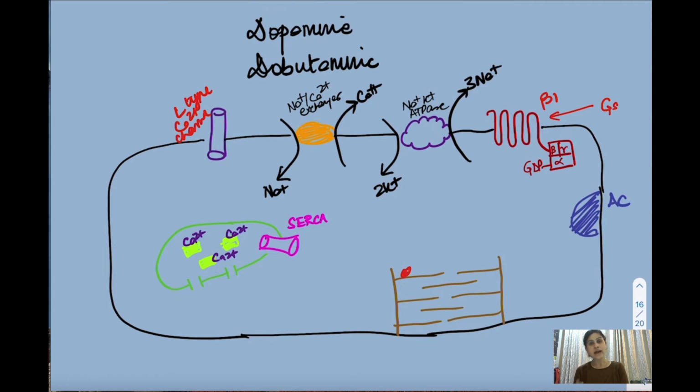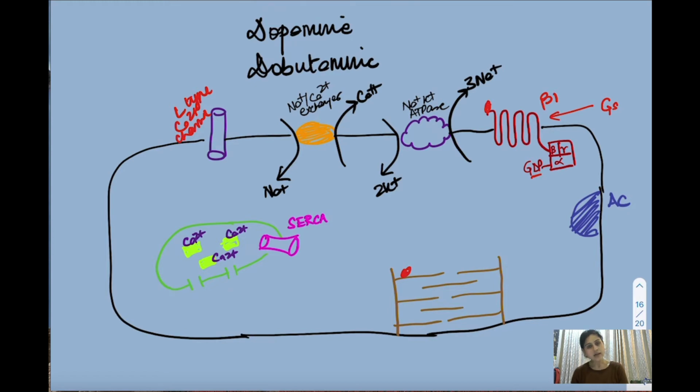When it is not activated, this G protein, which has alpha, beta, gamma subunits, has a GDP attached to it during the inactive state. Now let's see what happens when you give sympathomimetics like dopamine or dobutamine. This is an agonist on the beta 1 receptors. They will attach to this beta 1 receptor, and then some changes are going to occur.